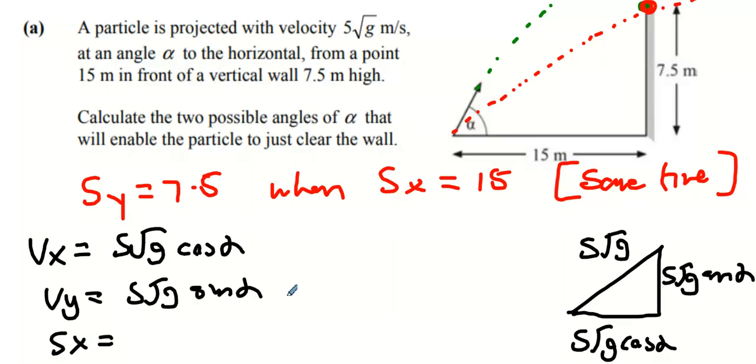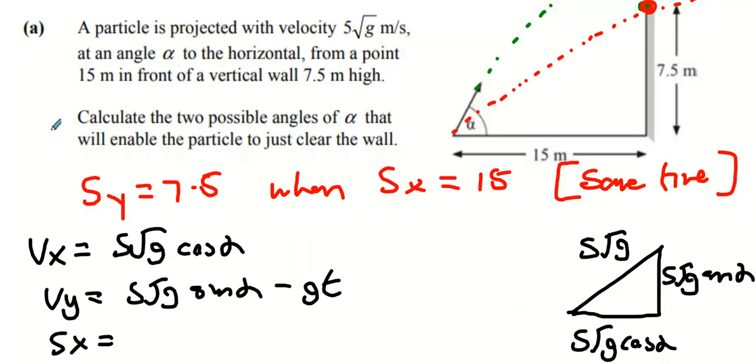Oh, whoa, what mistake did I make? Any indication we need to keep it as g? What's the indication I should keep it as g and not 9.8? Right there, 5 root g. Should keep it as a g.